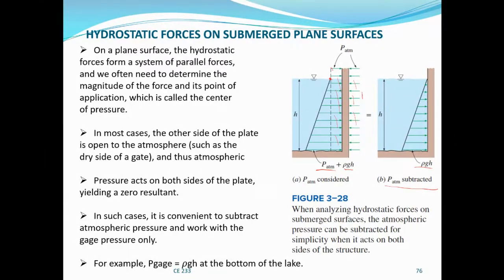So in such cases, it's convenient to subtract the atmospheric pressure and work with the gauge pressure only, as I explained here. For example, the gauge pressure is just rho g h at the bottom of the lake. So these two systems are the same. This first system is equal to the second system.